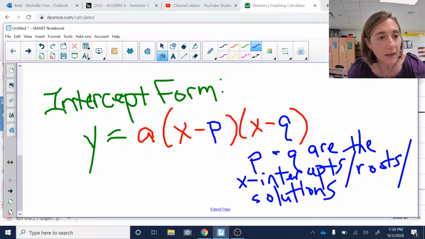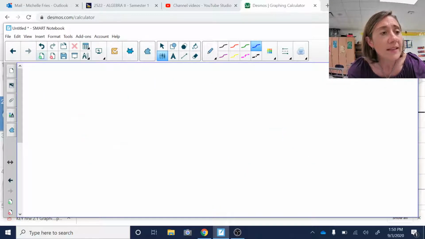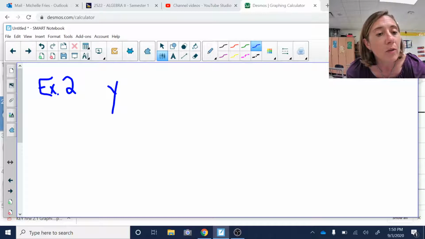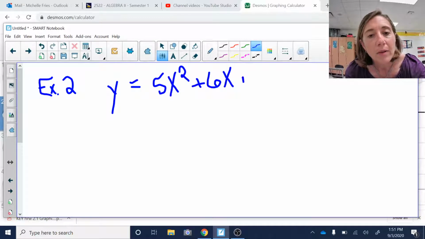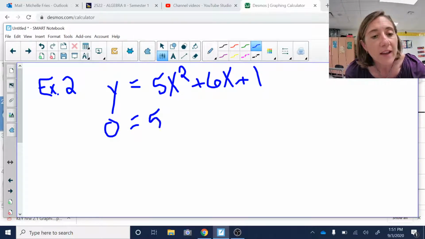Okay, so let's see. For this example, I want to look at the graph of y equals 5x squared plus 6x plus 1. And I'm going to connect that to the quadratic equation, 5x squared plus 6x plus 1 equals 0.